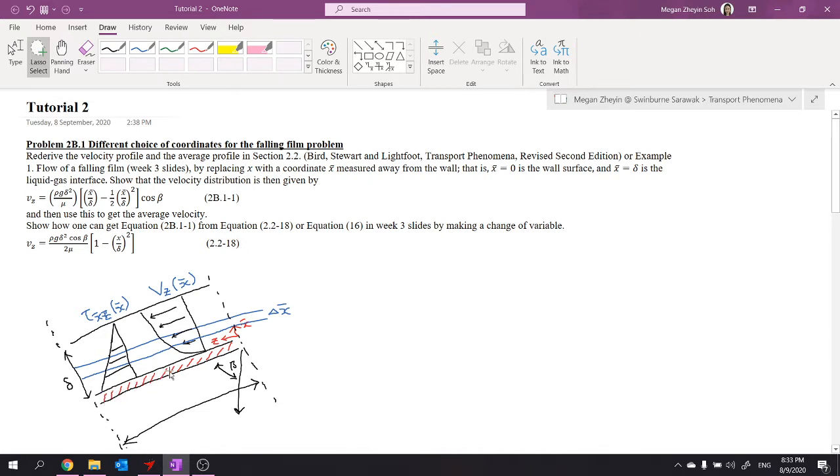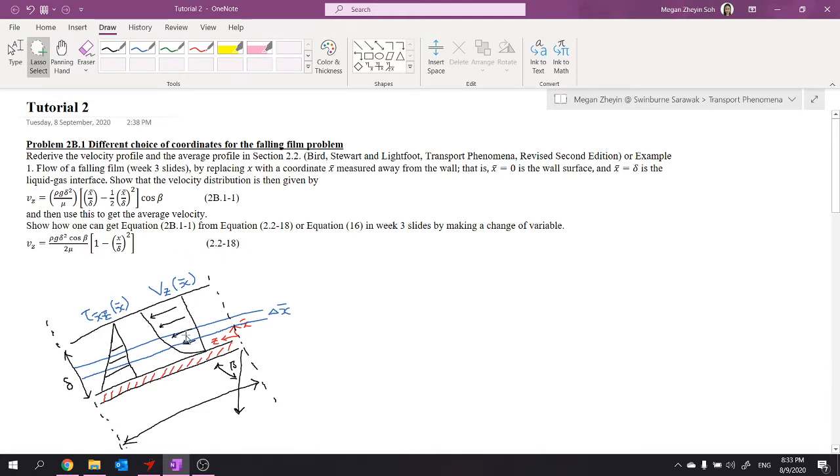So this is your wall, and as the question states, coordinate x bar is measured away from the wall, whereby x bar equals 0 is the wall surface. So this is your wall and your wall surface here. That means x bar is equal to 0 over here, and x bar equals delta is the liquid gas interface.